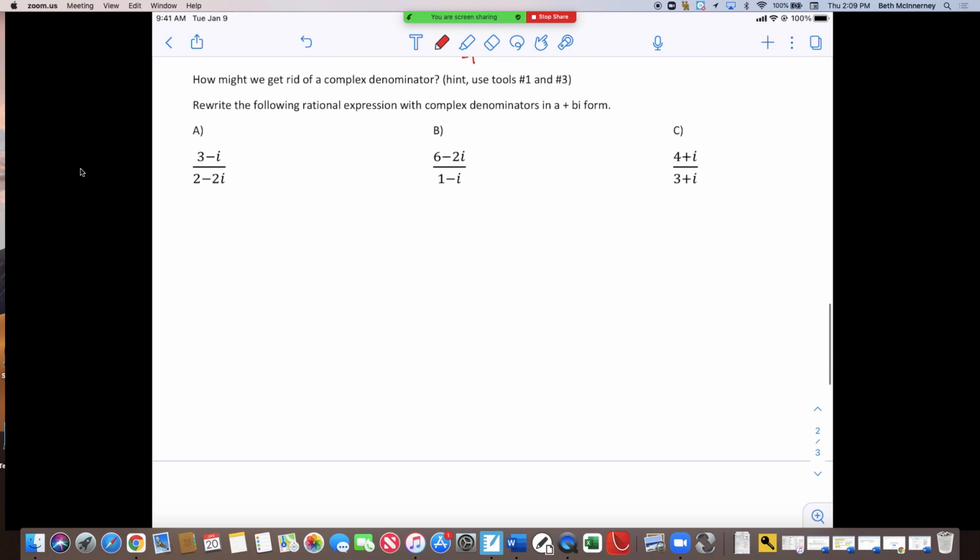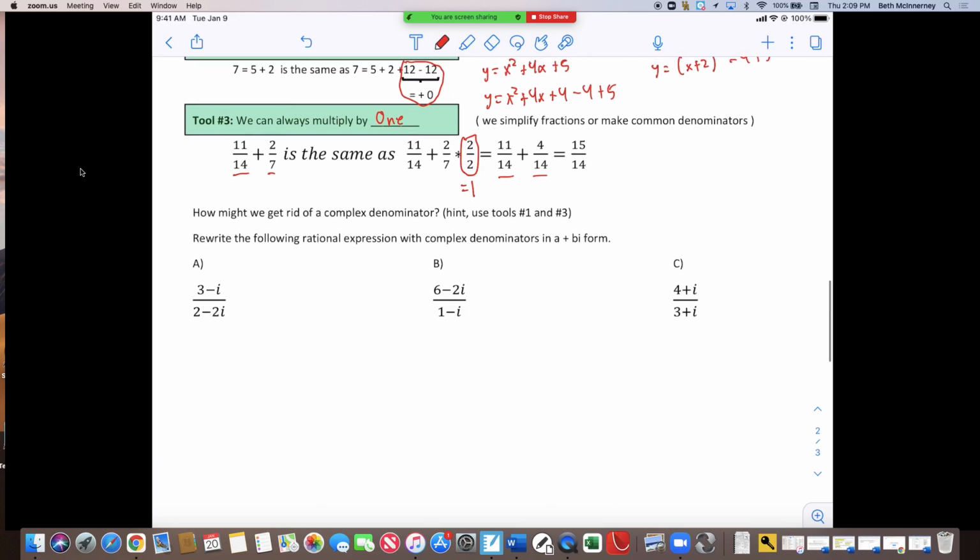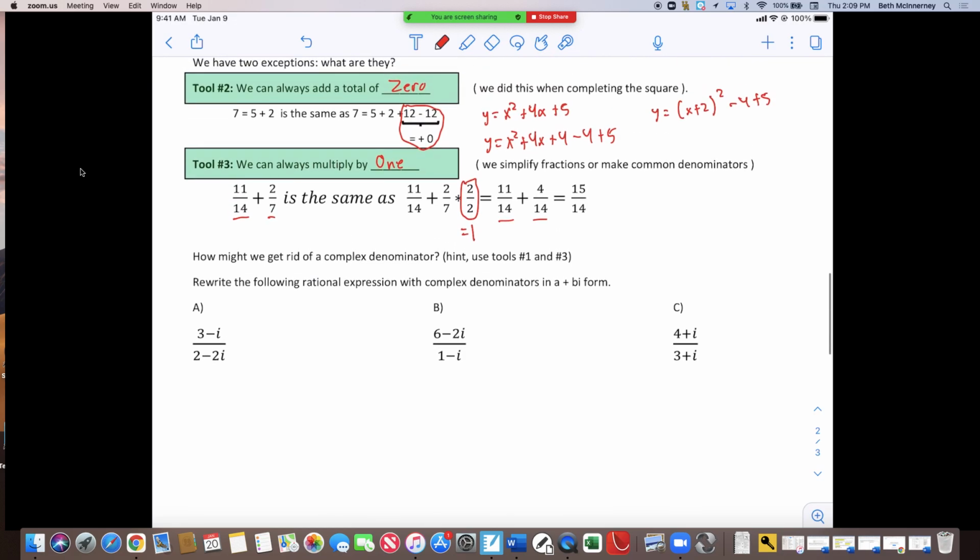So take a minute or two, guys, and talk at your table. I want you guys to wrestle with this a little bit. How can we, with each of these complex numbers, move them into the form a plus bi? We don't want i in the denominator. When i is in the denominator, it's harder to work with. It's not a standard complex number. We want to switch it. How can we do that?